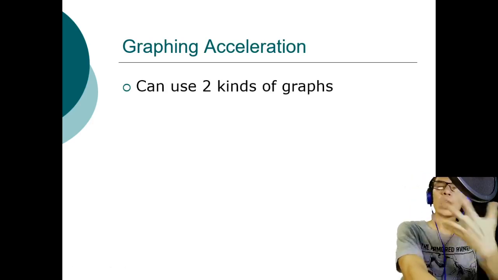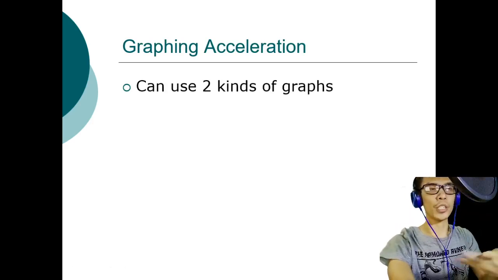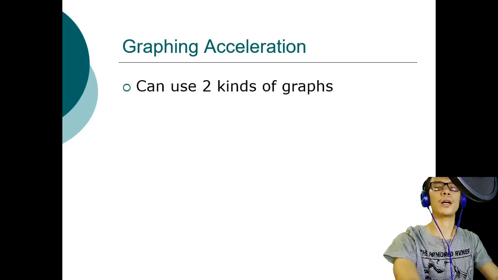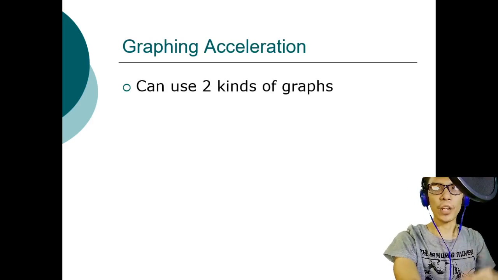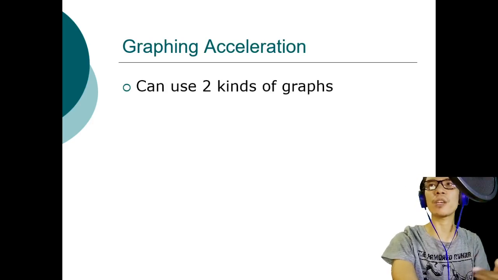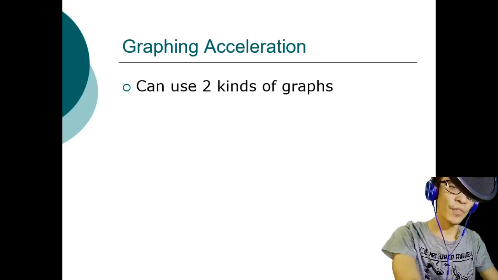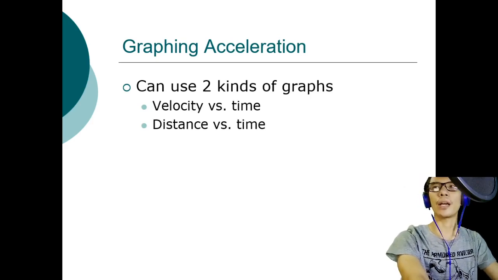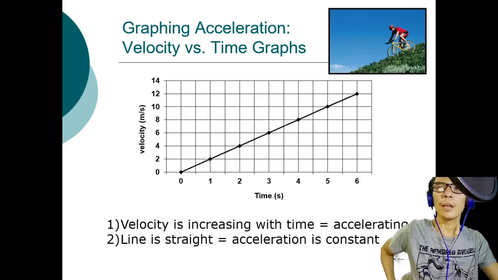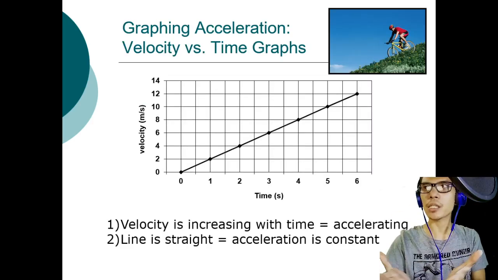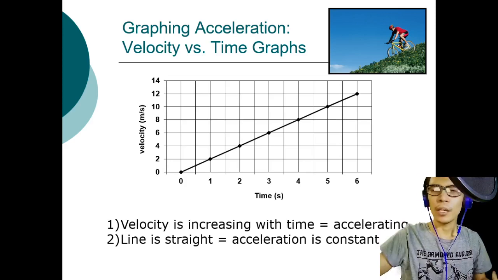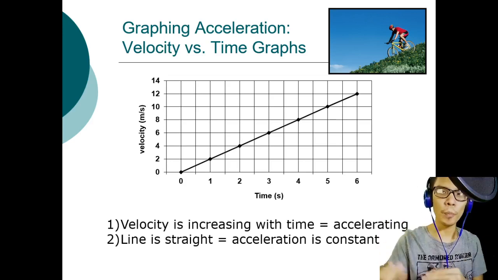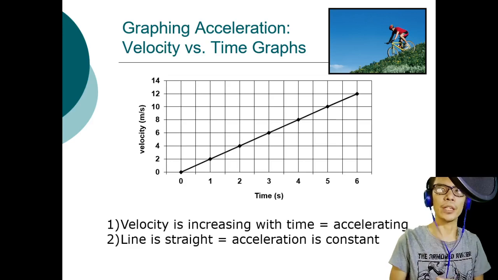Okay, so we have the graphical analysis for acceleration, just like what we did on the velocity, but this time we have velocity versus time. All right, so velocity versus time we are going to use here on this part. In the distance versus time graph, the slope, or the rise over run, is velocity.